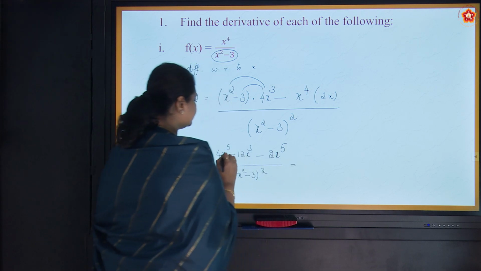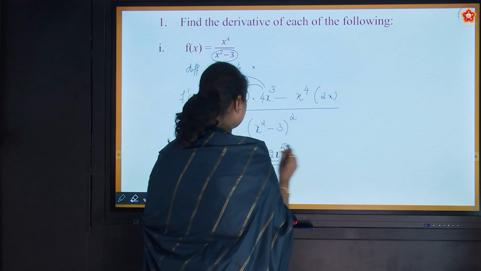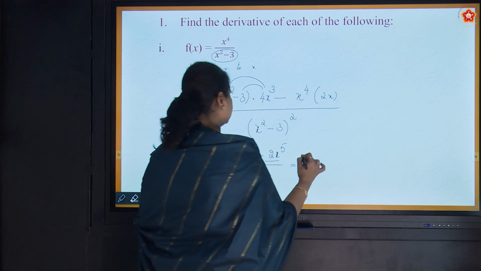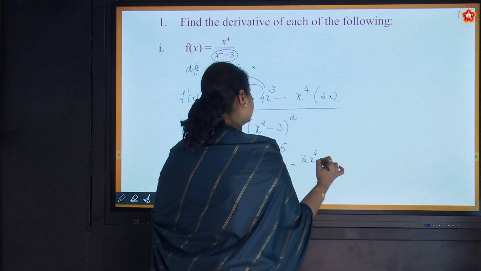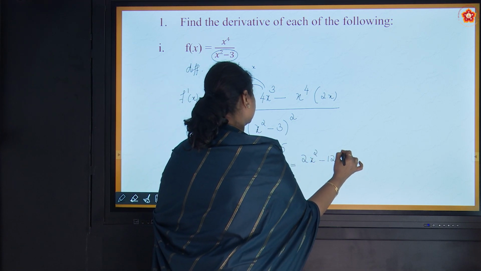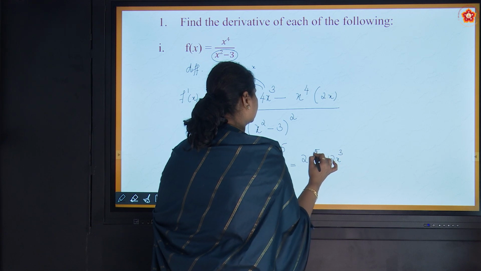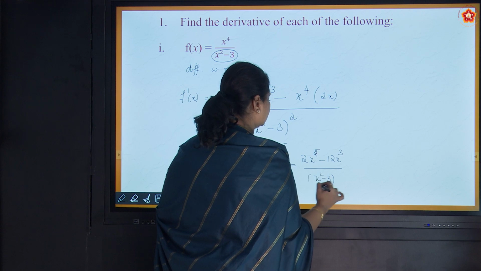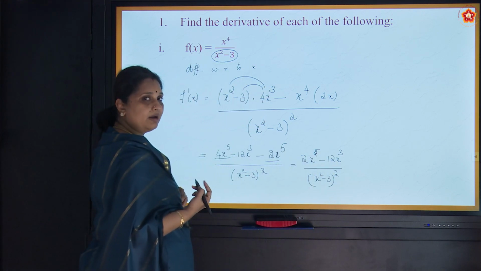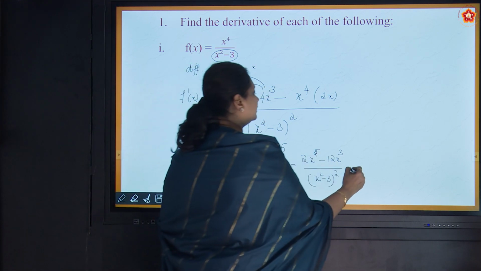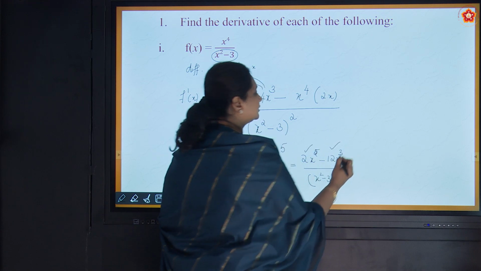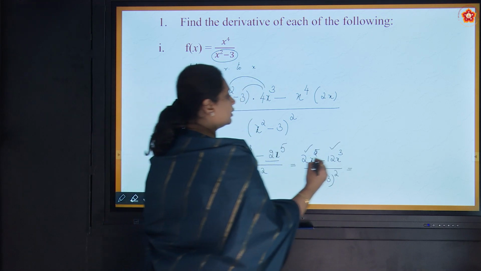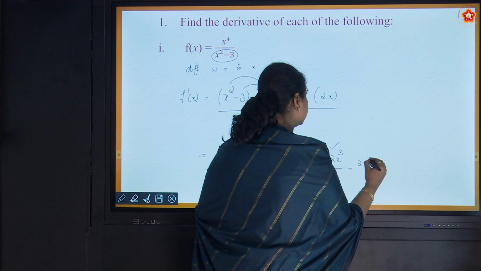This is equal to 4x power 5 minus 2x power 5, which can be written as 2x power 5 minus 12x cube, divided by x square minus 3 the whole square. Now here you have an opportunity to simplify again because you have common factors. So take 2x cube common outside.